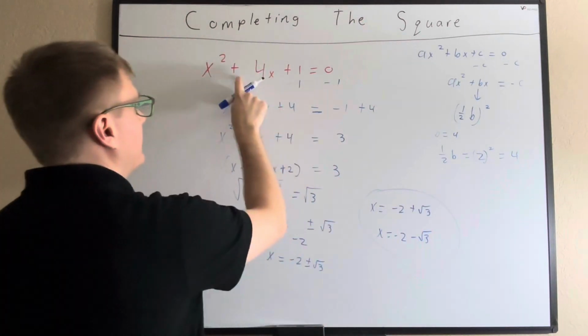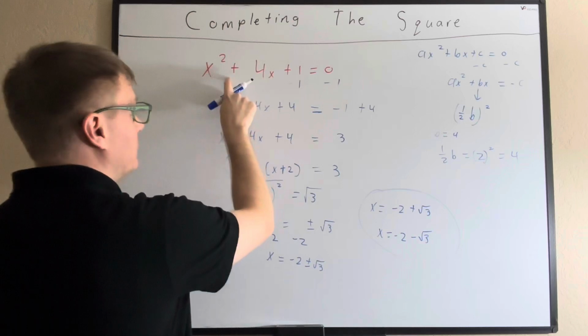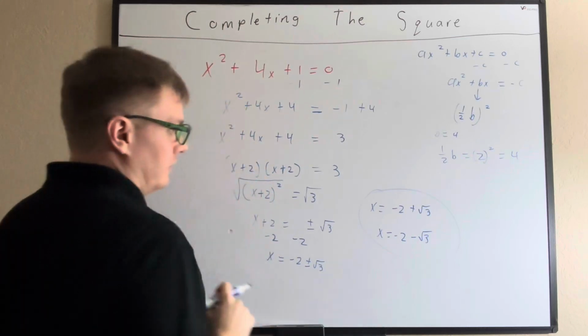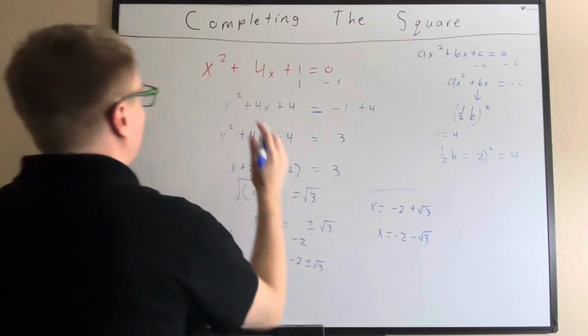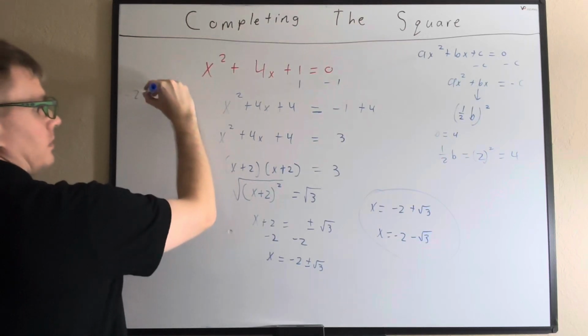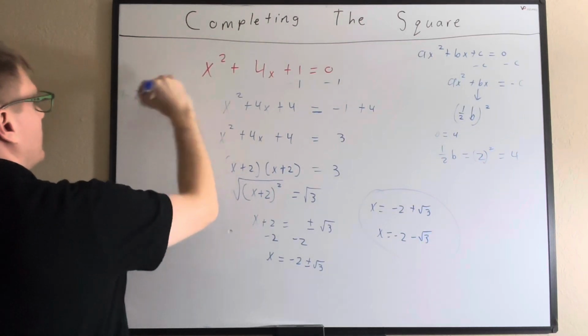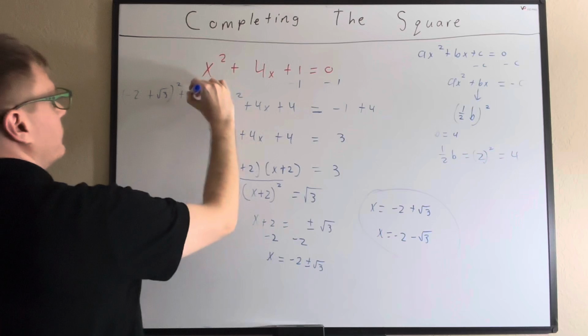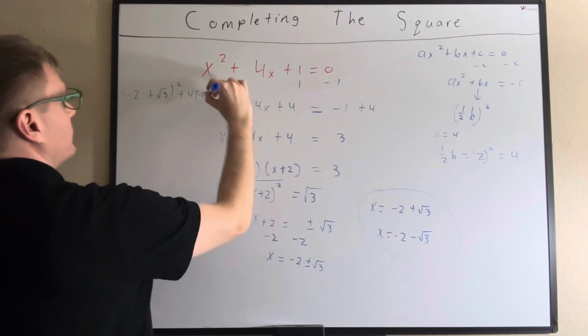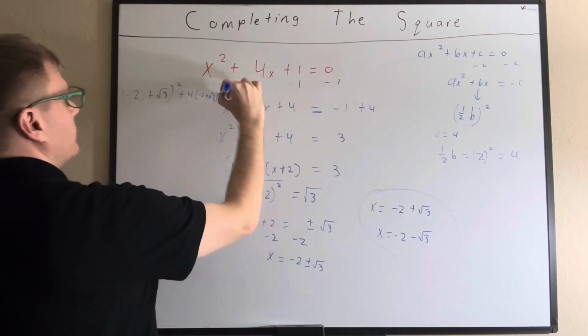You can plug those back in to the original problem and see if that works. Negative 2 plus square root 3 squared plus 4 times negative 2 plus square root 3 plus 1 equals 0.